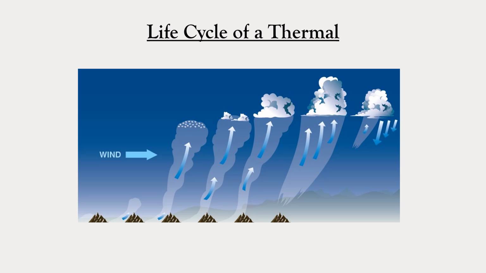As that air is cooling, it eventually gets down to its dew point and the moisture starts to condense. In the next couple pictures, it's extending a little higher, and this cumulus cloud is getting a little bit bigger.